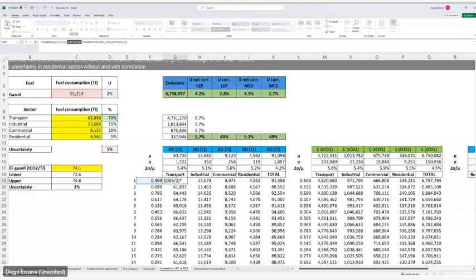So if you remember, and this is very important because it's a very common mistake when applying Monte Carlo simulation, we've been dealing with uncertainties, and pay special attention to what I'm going to say. We've been saying that uncertainty is described as the 95% confidence interval, so half of the 95% confidence interval in relative terms.